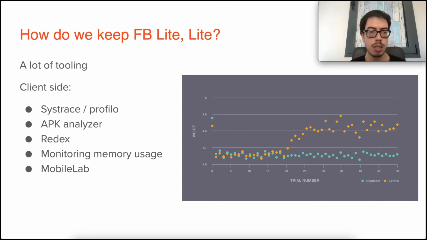We use Redex, which is Facebook's bytecode optimizer, which allows us to reduce the size of our DEX code, our Java compiled code. We also monitor memory usage to make sure that we won't be killed by out-of-memory exceptions or other performance issues like scroll performance.